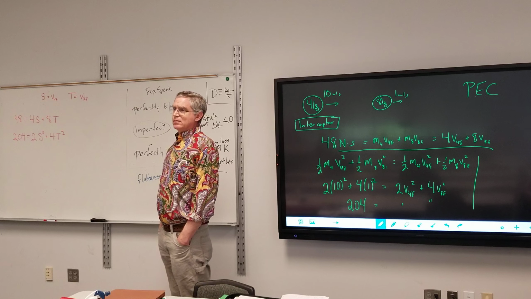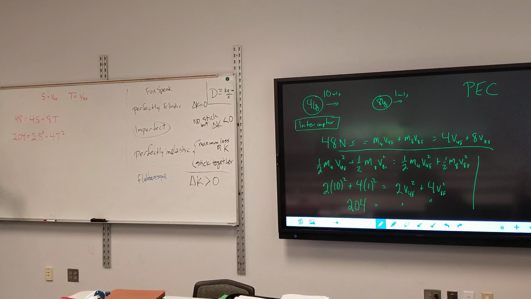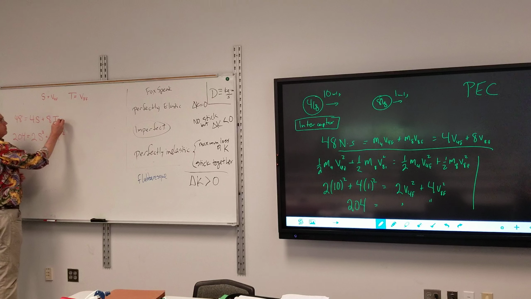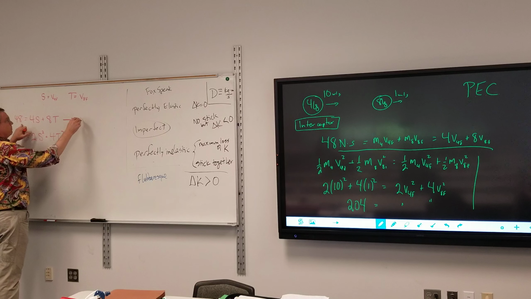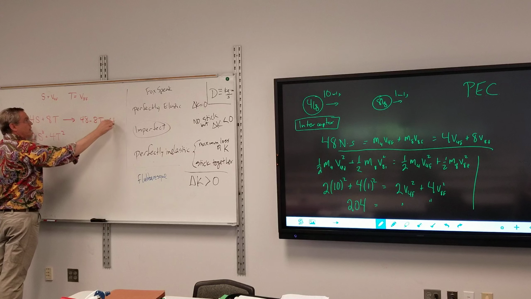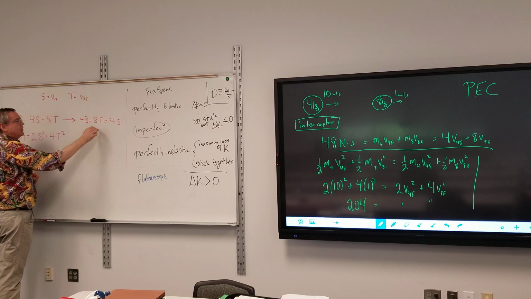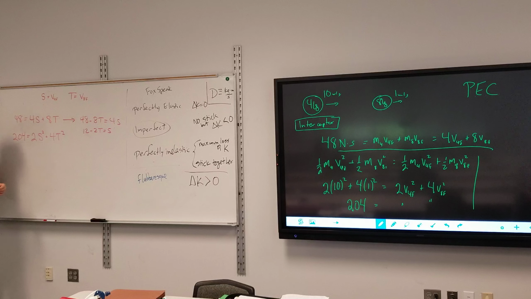S. Okay. I recommend isolating it from the linear equation, not the one with quadratics in it. All right, so I have 48 minus 8t is equal to 4s, and therefore this is 12 minus 2t equals s.